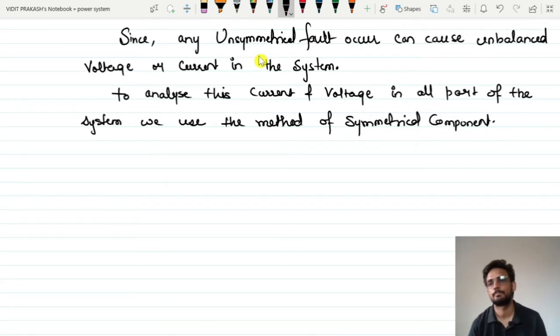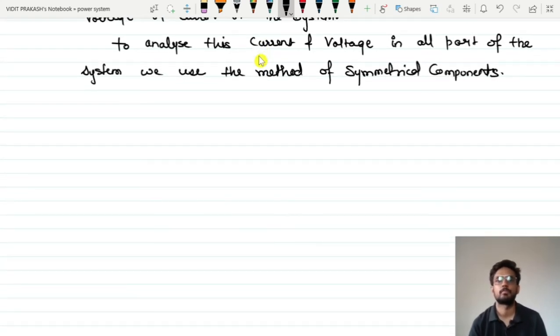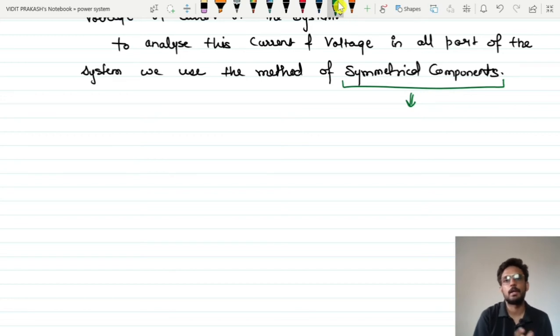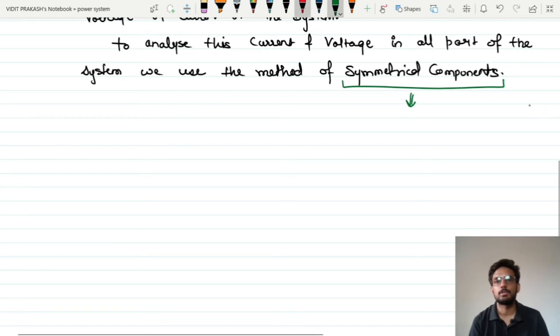Now what are these symmetrical components? These symmetrical components are nothing but a set of balanced voltage and current, with the help of which we will analyze the current and voltage in unsymmetrical condition.